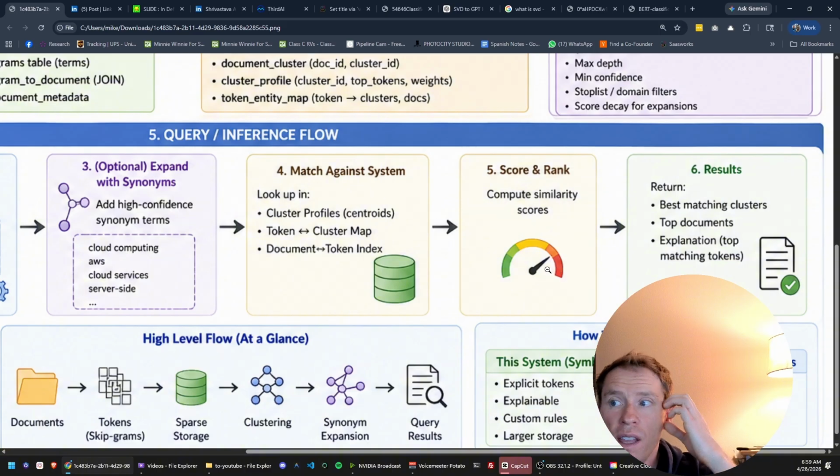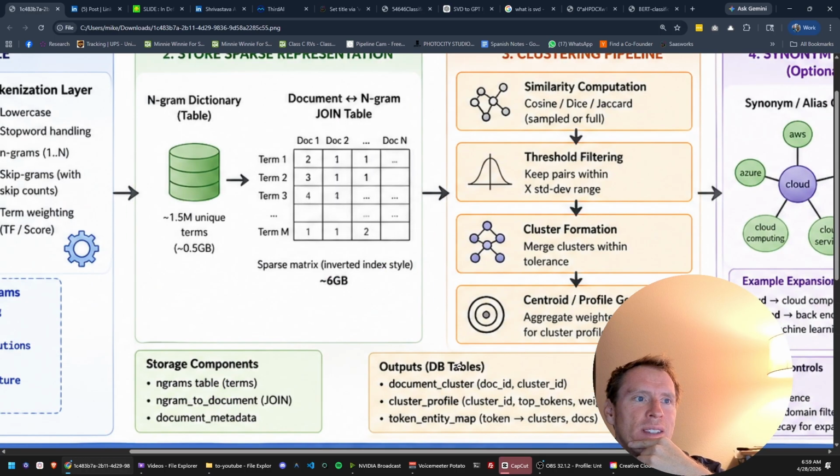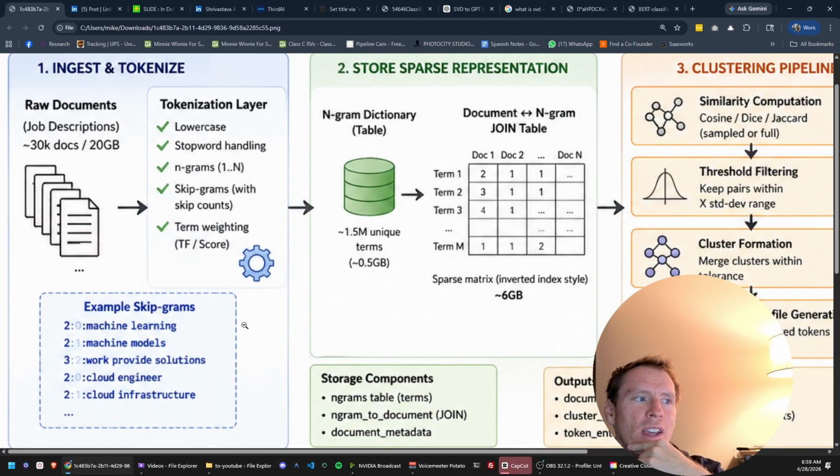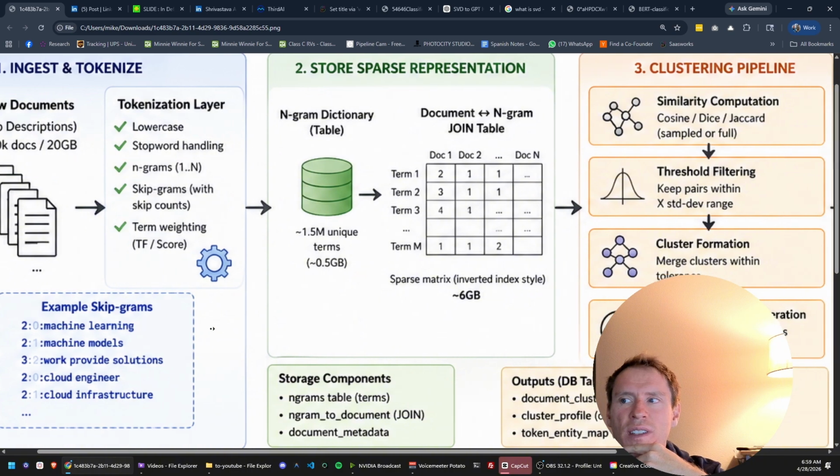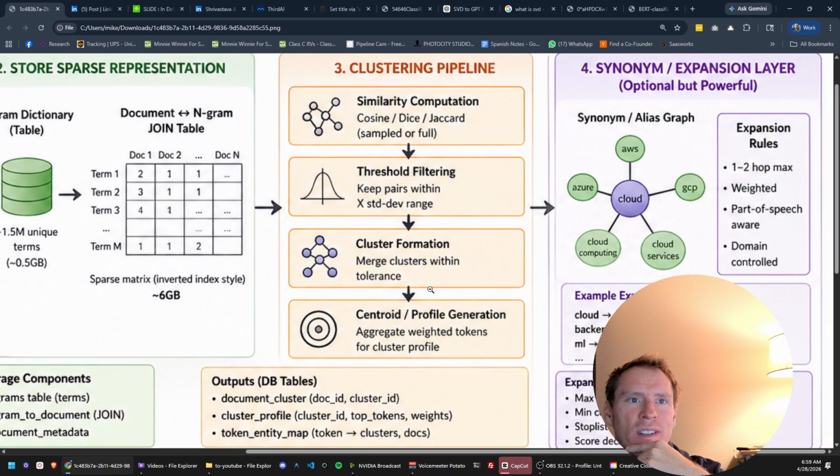But the idea is that in these systems, as with databases, you have to understand your write time complexity versus your read time. I think the way this system gets designed is that writing all of this is not that expensive.